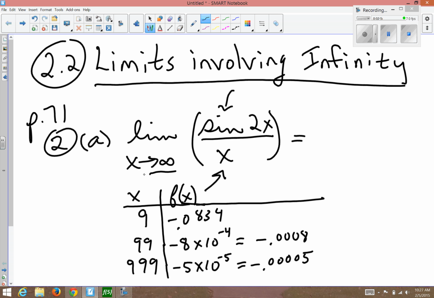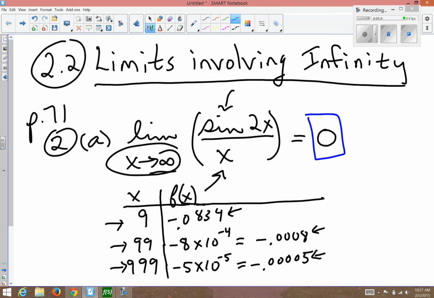Observe that as x approaches infinity, meaning x gets larger and larger, this thing in here gets closer and closer to 0. This number right here is close to 0. This is even closer to 0, and this is even closer to 0. So that's the answer to part A.